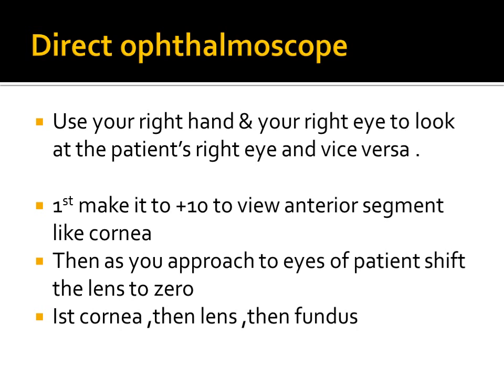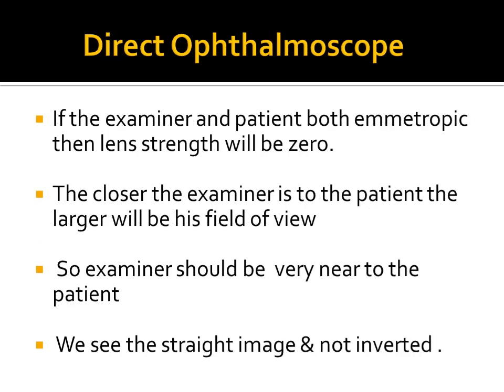Use your right hand and your right eye to look at the patient's right eye, and vice versa. First, we set it to +10 to view the anterior segment like the cornea. Then, as you approach the eyes of the patient, shift the lenses to 0. First, we focus at the cornea, then the lens, and then the fundus.